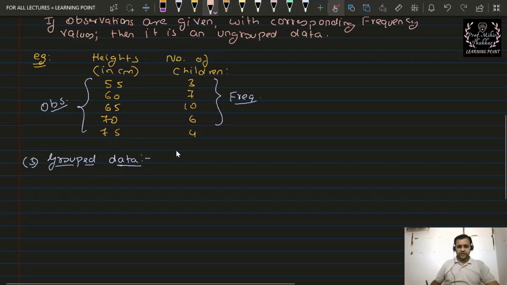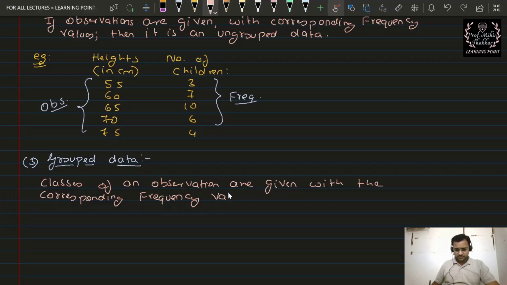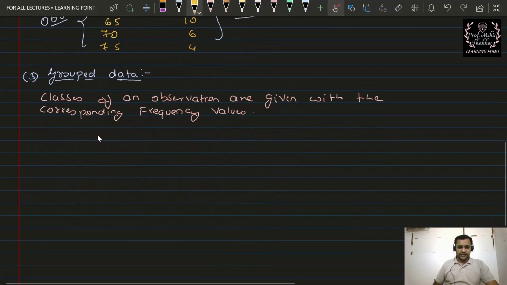Now in case of grouped data, classes of an observation will be given to you with the corresponding frequency values. Then it is called as a grouped data. Once again, I'll take an example for this.